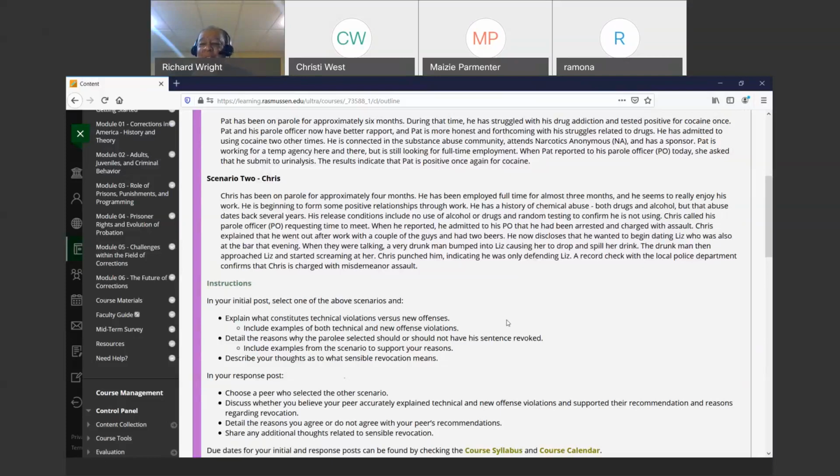The key thing that you should be aware of is that the idea is not to revoke parole, because if you are trigger happy on revoking parole, you contribute to the already crowded correction system or prison system. And so as a result, you try to figure out a way that would be beneficial for the parolee to help them overcome the issue.